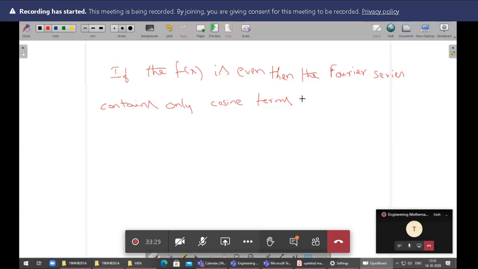That is, bn is 0. So it does not contain sine terms. So that is one.